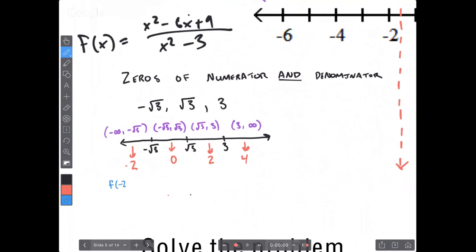F of negative 2 is going to be negative 2 squared, so that's positive, minus 6 times negative 2. So we got 4 plus 12 plus 9. So we're positive on top. And on the bottom, 4 minus 3, positive. Positive right there.